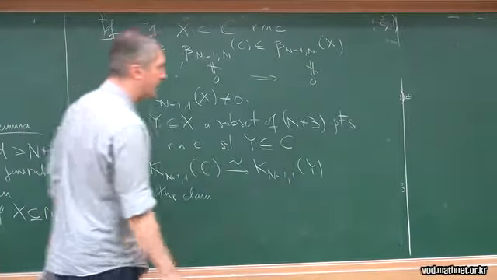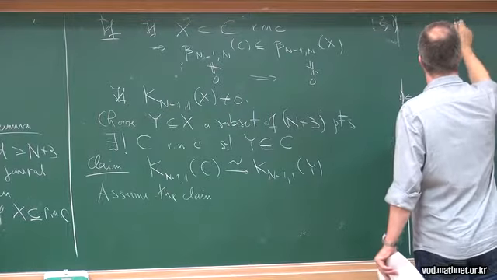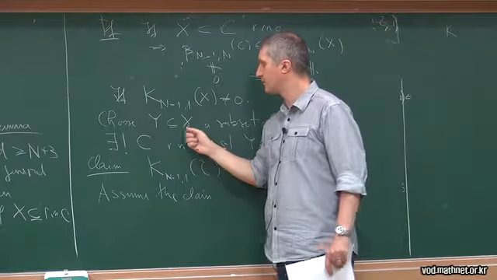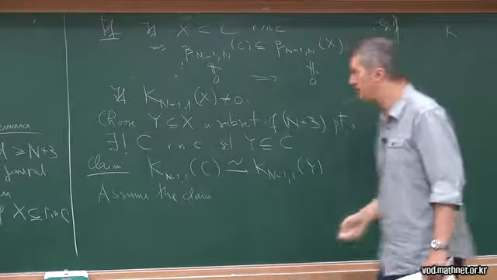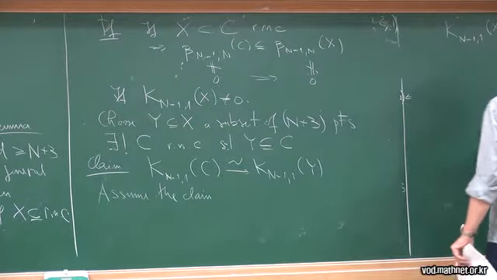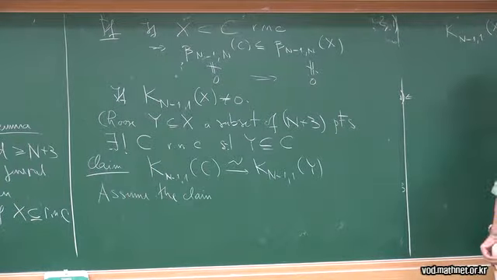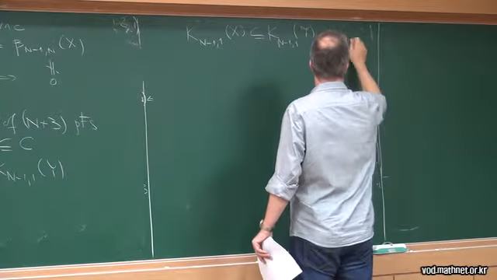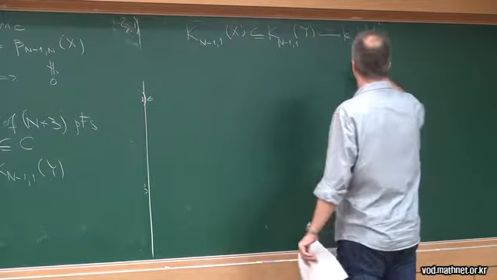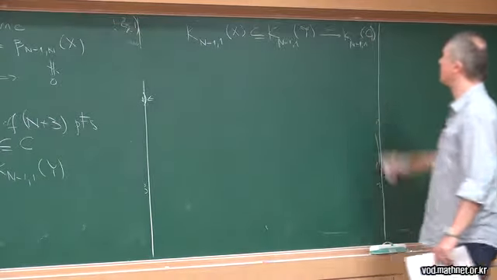How do we proceed? Well, the inclusion of Y in X will give an inclusion of the Koszul homology of X in the Koszul homology of Y. So we have K_{n-1,1}(X) is included in K_{n-1,1}(Y), and this is isomorphic, by the inverse of the restriction, to K_{n-1,1}(C).